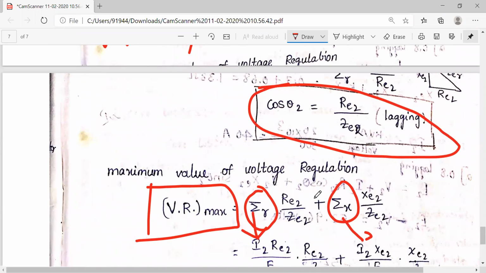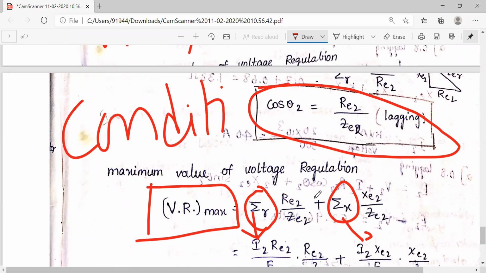This is the condition for maximum voltage regulation: cos theta 2 equal to R2 by X2.